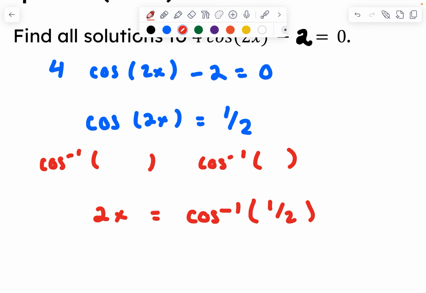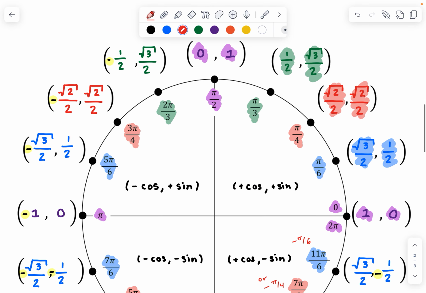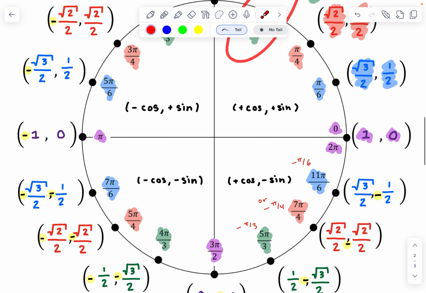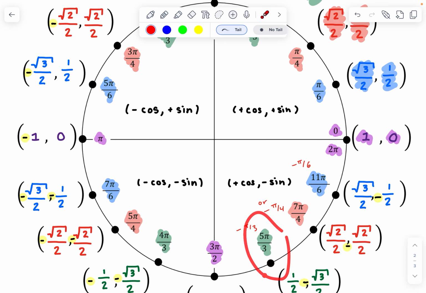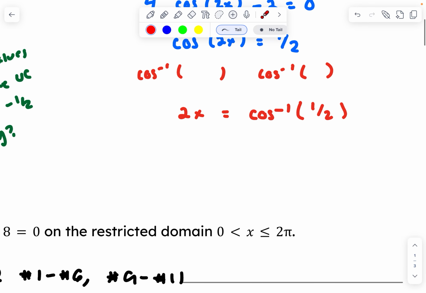So again, I'm not worried about that restricted domain anymore. I'm asking myself, what are all of the values where cosine is 1/2? When I look at that, I find that it's pi over 3, and it is 5 pi over 3. However, notice that I have this 2 right here, so I'm actually going to split apart my problem because I'm not quite done.